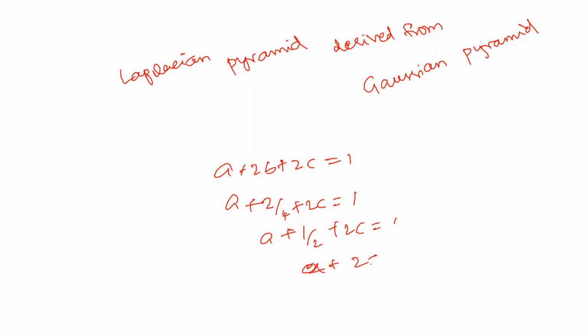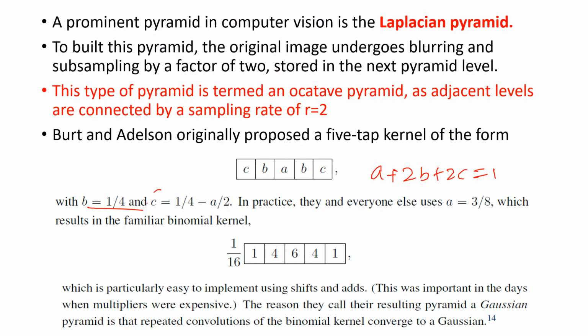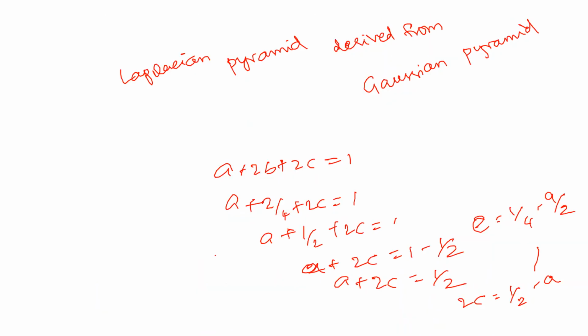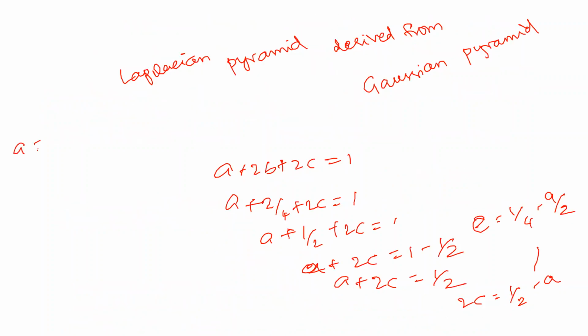So A plus 2C equal to 1 minus 1 by 2, which is 1 by 2. And 2C would be 1 by 2 minus A. On dividing this, C equal to 1 by 4 minus A by 2. The C formula is derived in such a way. Already we have taken B equal to 1 by 4, and I'm going to take A equal to 3 by 8, which is 0.375.